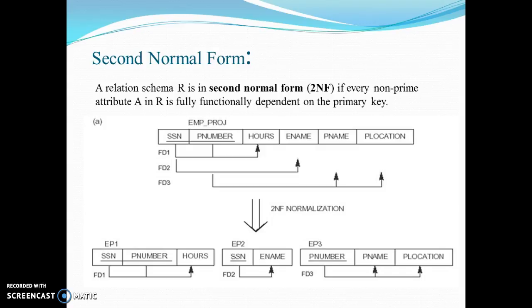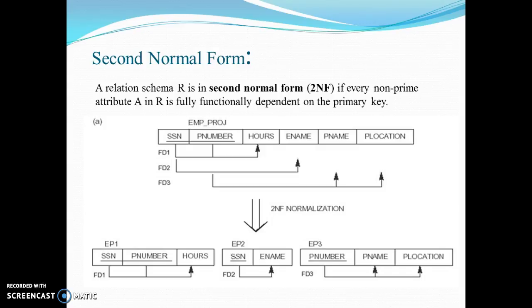Here SSN is the primary key, and P number is a candidate key. So P number and SSN both determine hours. So here first NF is there. The next functional dependency, ename is fully dependent on SSN, and in FD3 the P location and P name are fully dependent on P number.